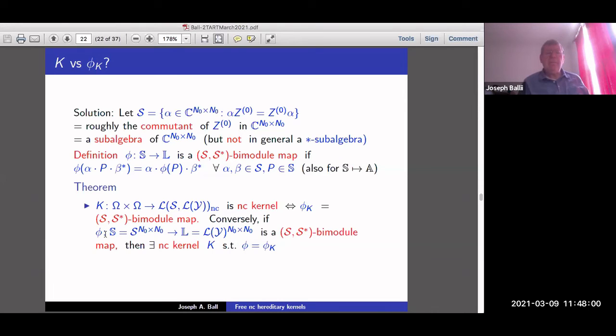Converse, if you have a phi, just takes this C star algebra, this C star algebra, then it's an S, S star bimodule map, then it comes from a noncommutative kernel K. So that gives us a tool for understanding noncommutative kernels.